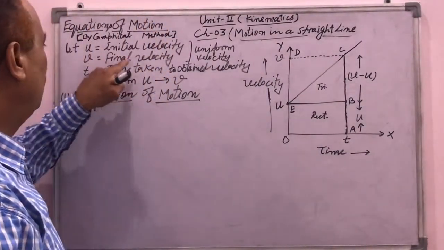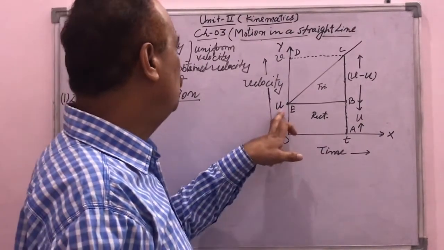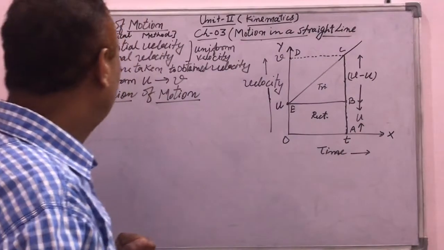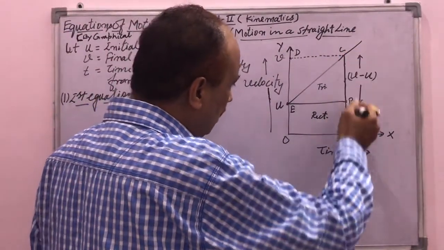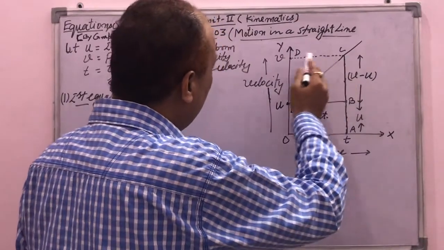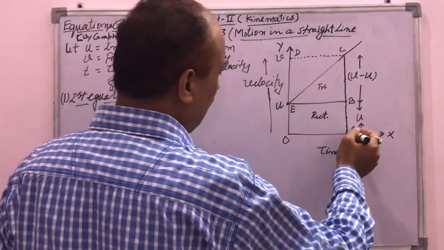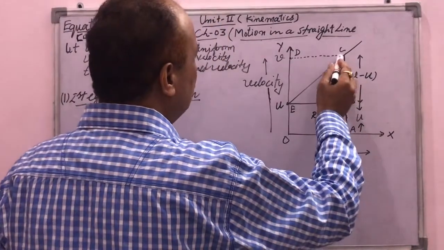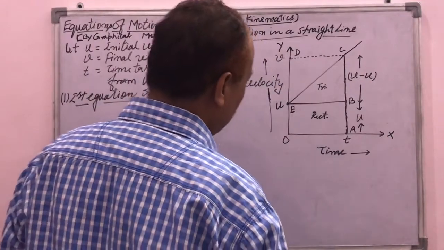So v is the final velocity and t is the time taken to go from u to v. Now draw the perpendicular lines CA and CD. CA is the perpendicular on the x-axis, and CD is the perpendicular on the y-axis.